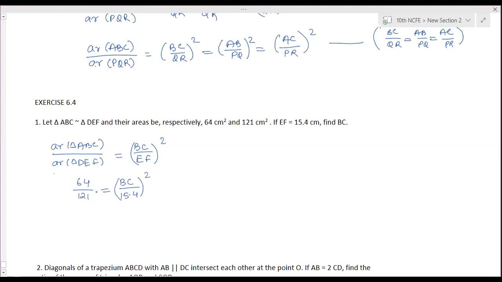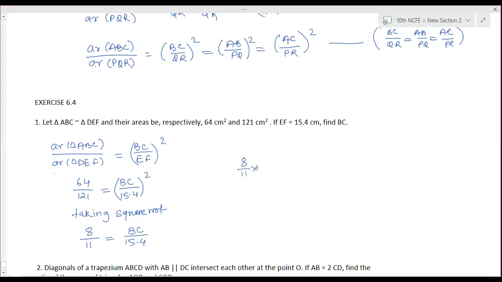Now this is also a square, so instead of taking the square of this, we will take the square root of both sides. Taking square root, the square root of 64 is 8 by 11 is equal to BC by 15.4. So this 15.4 gets multiplied on the other side.